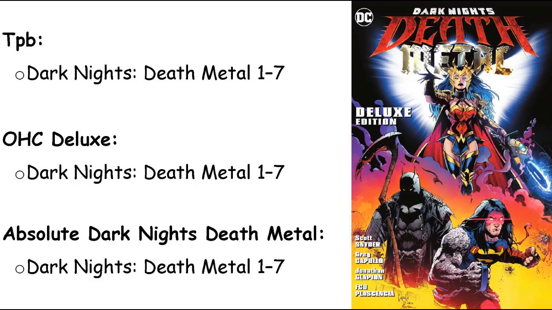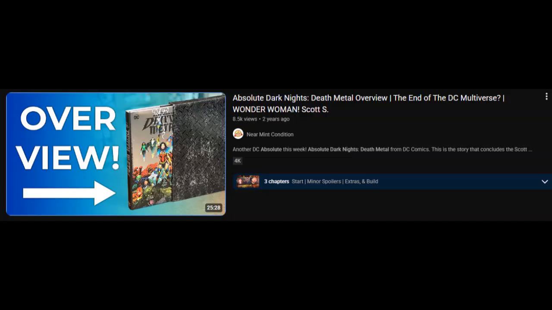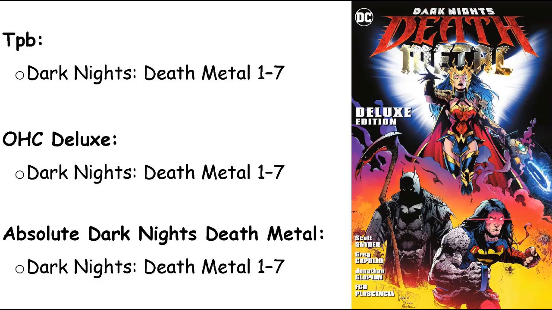There is, of course, also an absolute edition. So the absolute edition, you can see the picture of it here. And the way the absolute edition works is it also covers those 7 issues. What that means, the notable thing here, is that this is collected in a very consistent way across the different size formats for Dark Knights: Death Metal.